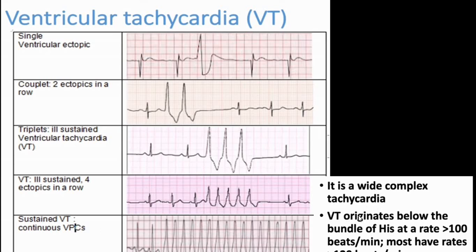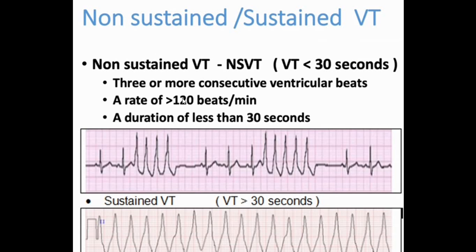They originate from the ventricle. If the rate is more than 100, then we usually use the word ventricular tachycardia. There are two varieties, non-sustained and sustained. Non-sustained ventricular tachycardia, shortly NSVT, is where the ventricular tachycardia is less than 30 seconds, with three or more consecutive ventricular beats.